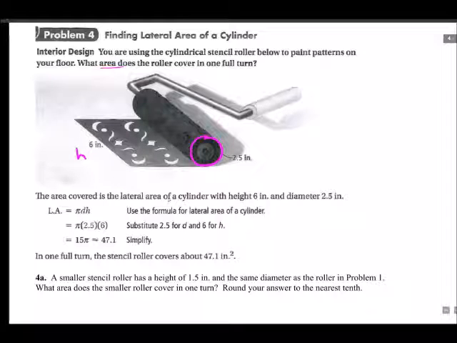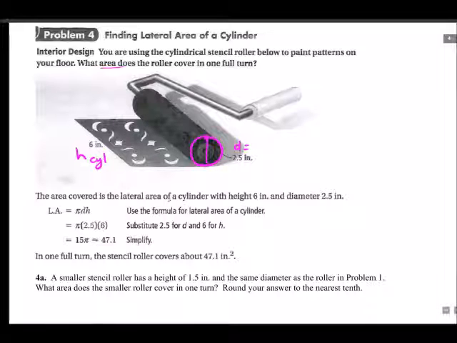So here is the height of our cylinder. We know that our diameter equals 2.5 inches, and all we want is lateral area. So we have a formula for lateral area. Lateral area is either 2 pi RH or circumference is also pi d.